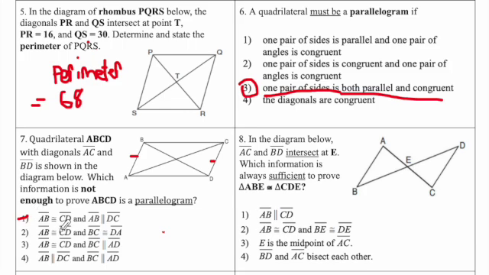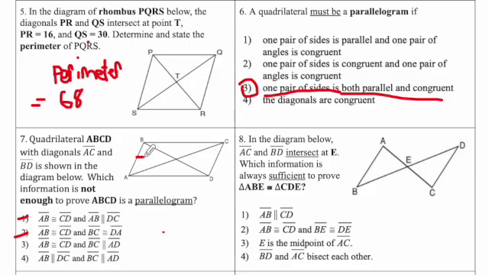AB is congruent to CD, and BC is congruent to DA. That can prove that it's a parallelogram, so that's not going to work. Let's do the next one.